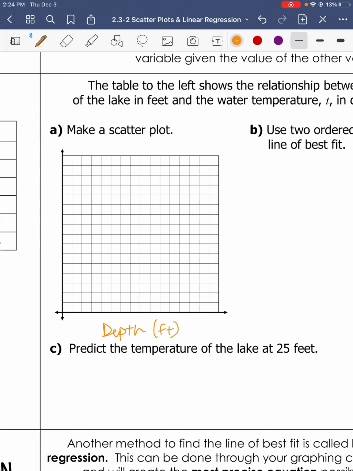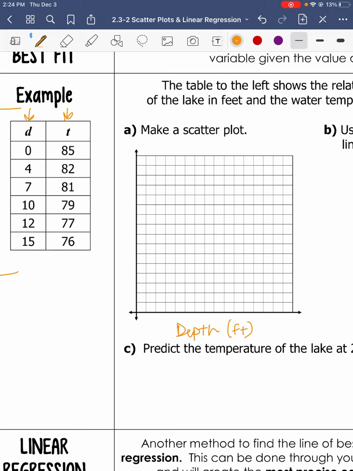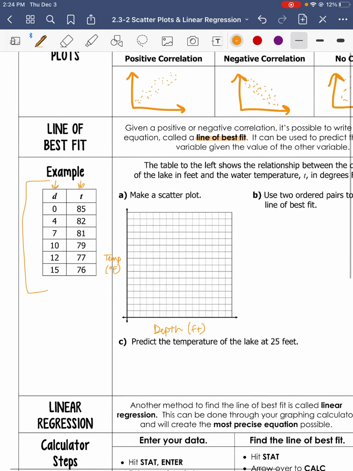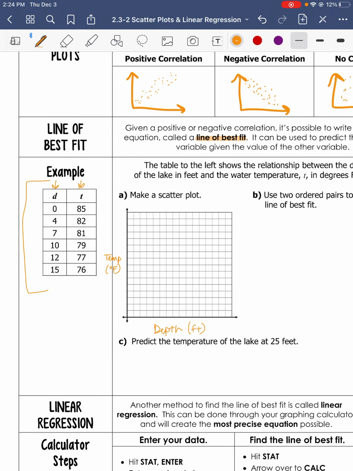So T is our Y value here. So I'm going to write this temp in degrees Fahrenheit. I'm just labeling the graph so that it's easier for us to tell what this is supposed to look like.